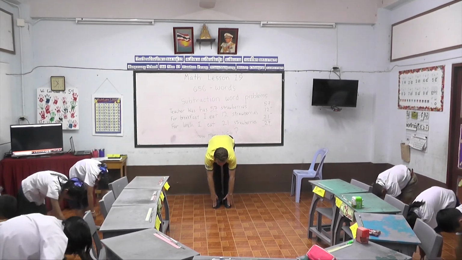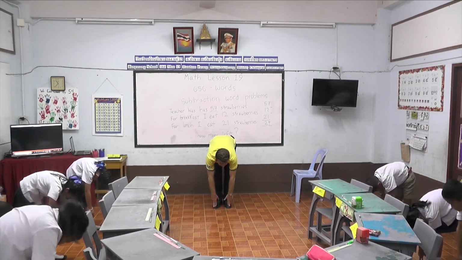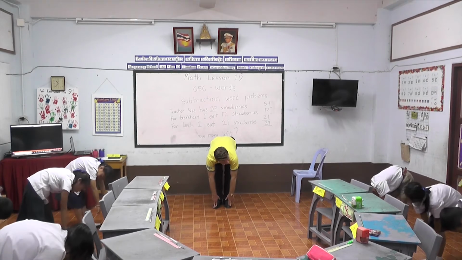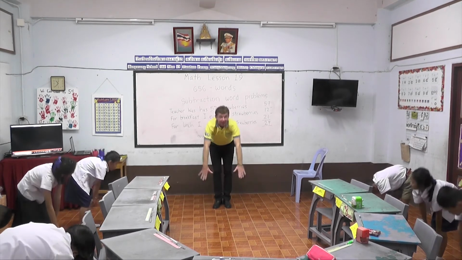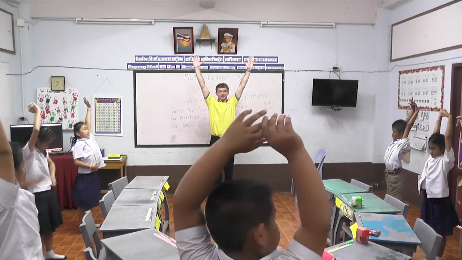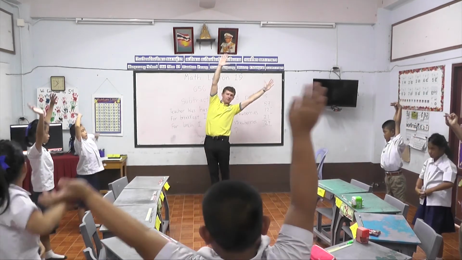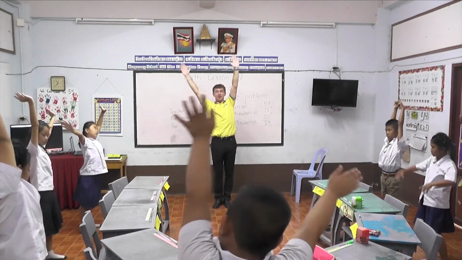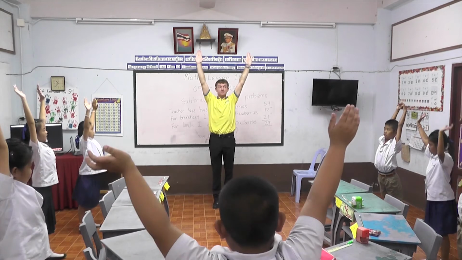And stay there for a couple of seconds. Give our bums a little shake. And now we'll go back up high to the sky. And while we're there, can we go left and right? And then back to the middle and tippy toes.